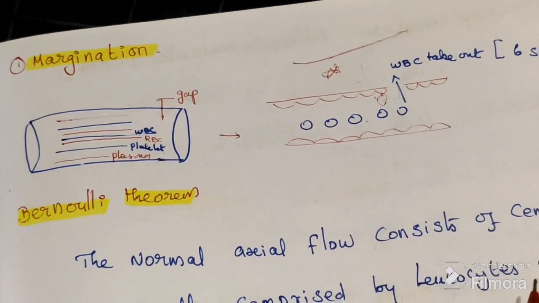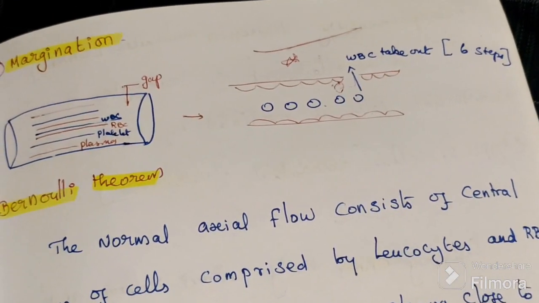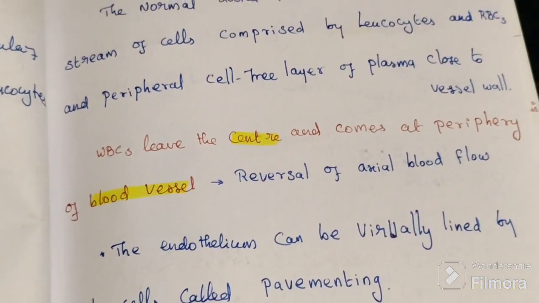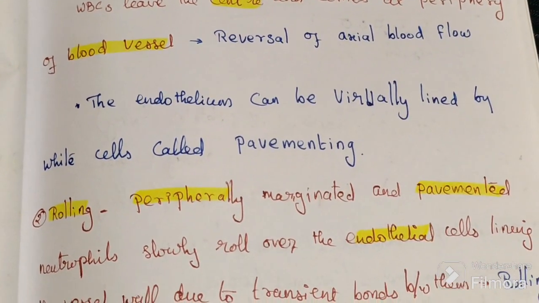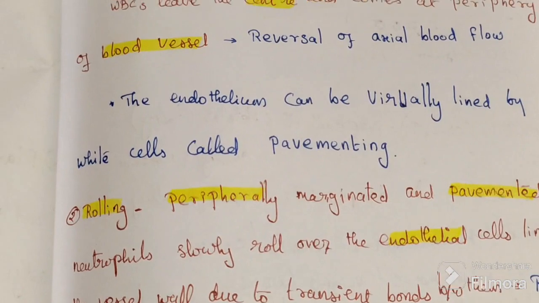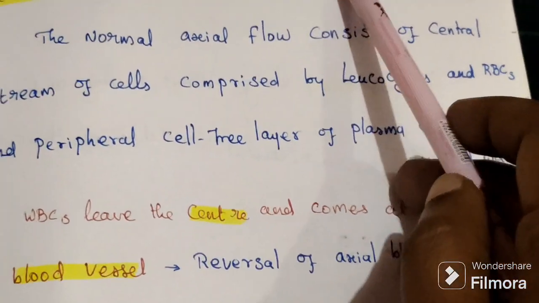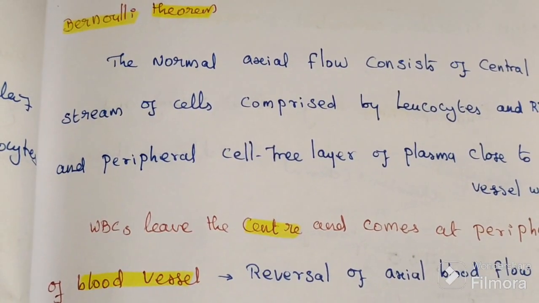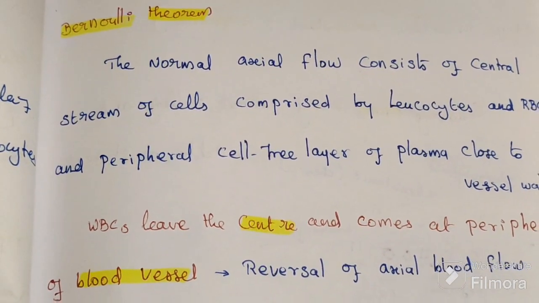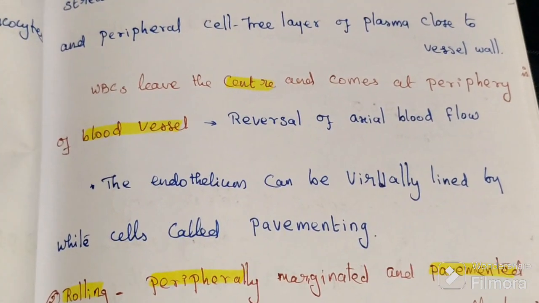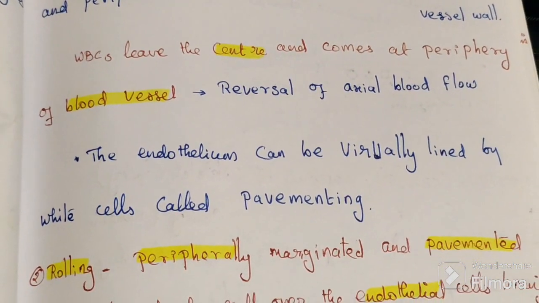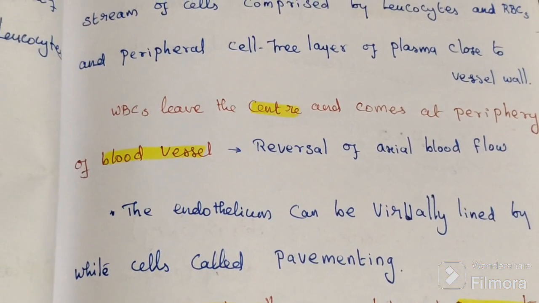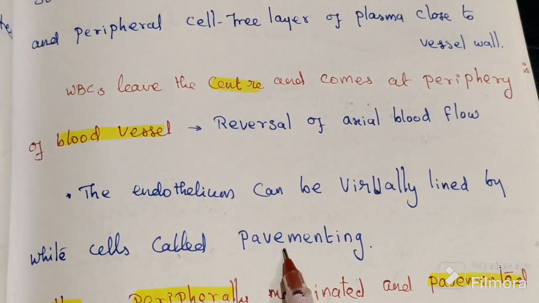This is known as transmigration, also called diapedesis. First is margination, then rolling, third is adhesion, then when it comes out, that is transmigration or diapedesis. The margination process has another name, pavementing.